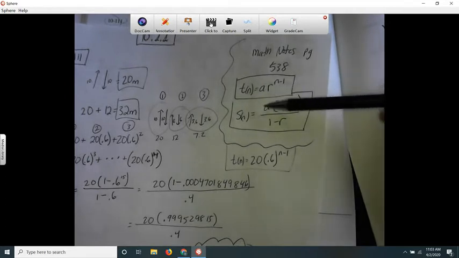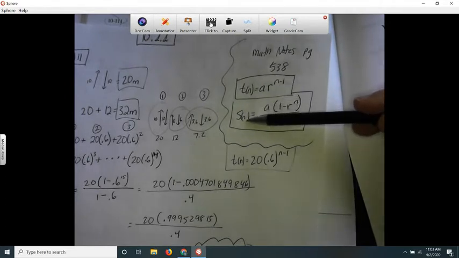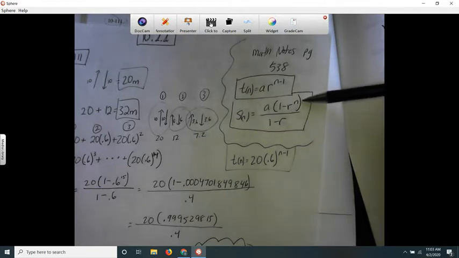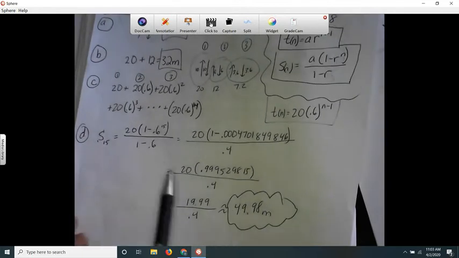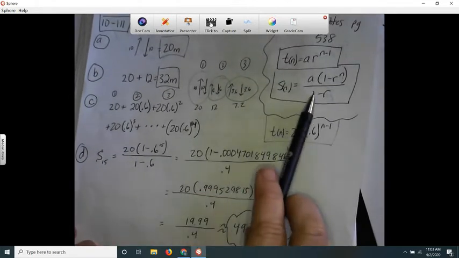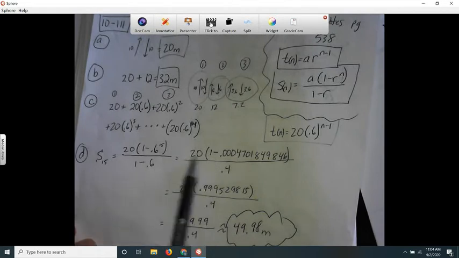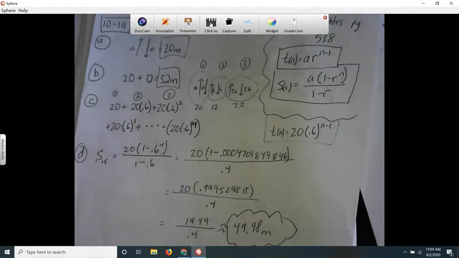I would just plug in 15 here, because I'm looking for the sum of 15 terms. R would be 0.6, and a would be the first term, which was 20. So that's what I did here. I just plugged them into that formula and showed all my math. I hope you know that you have to use the order of operations.